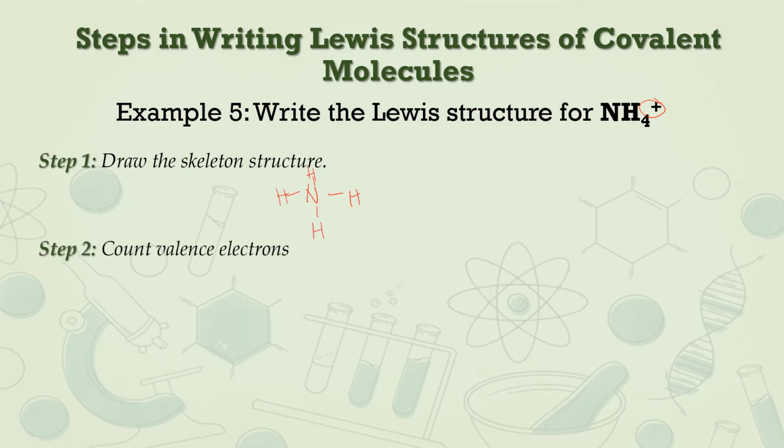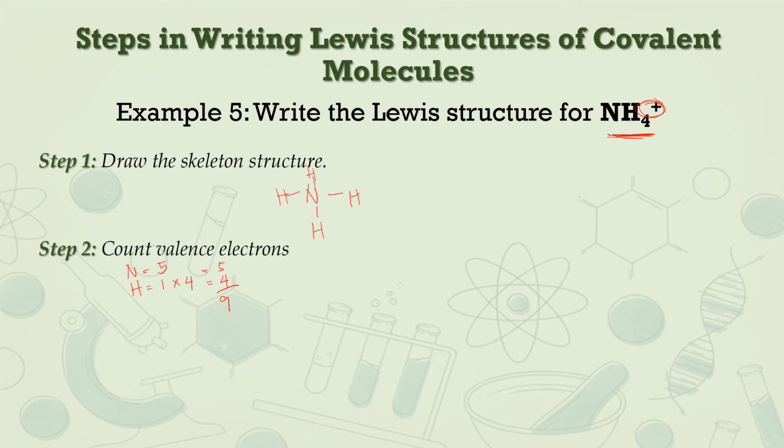So how are we going now to compute the valence electrons of this charged polyatomic ion? Nitrogen belongs to group 5, hydrogen belongs to group 1 times 4. So we have 5 plus 4, 9 electrons. Now, the charge in here suggests, just like what I've mentioned, that this molecule loses an electron.